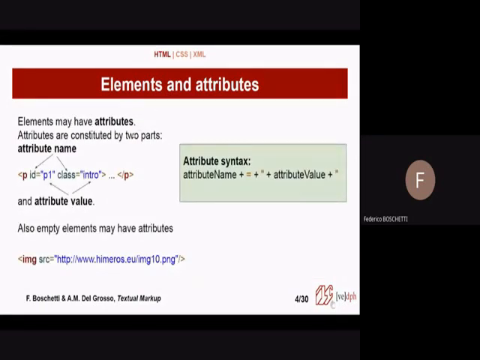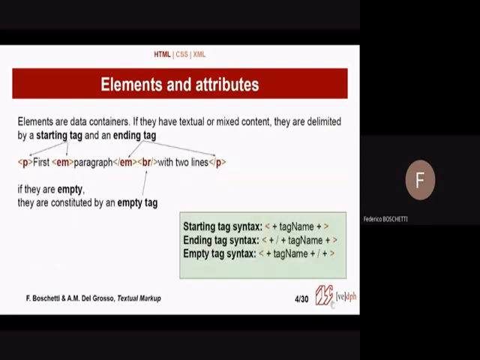So elements may have attributes. But first of all, we must see the elements and attributes. Elements are data containers. If they have textual or mixed content, they are delimited by a starting tag and an end tag. Like in this example, P is the open tag, and then we have an M that is another open tag, and then we close the M element with the ending tag, okay?